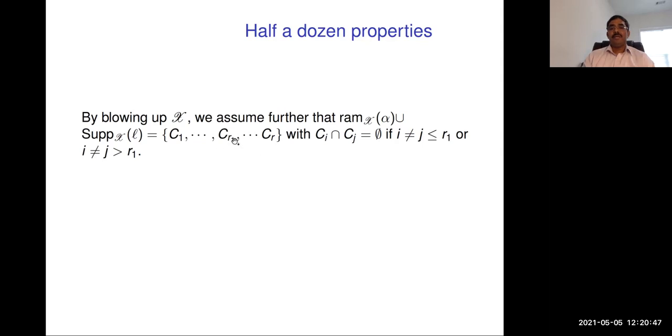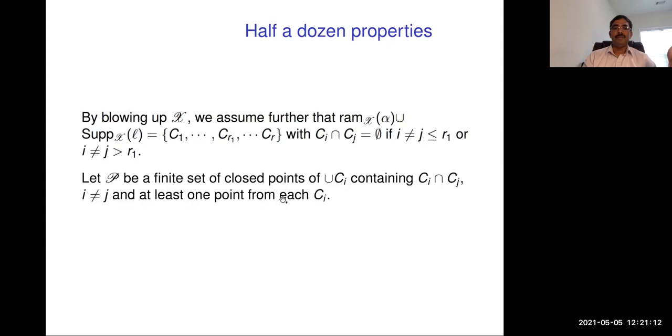Then we choose some in between, CR1, such that the first Ci's don't intersect among themselves and the remaining Ci's don't intersect among themselves. So you can separate them. If you take any scheme and blow up each intersection point, you get the exceptional curve. You put all the exceptional curves on one side and the strict transforms on the other side, and then that has this property. So this can always be done.